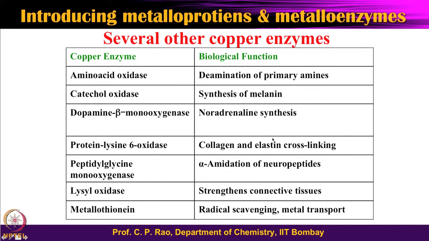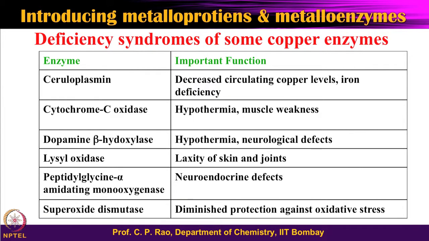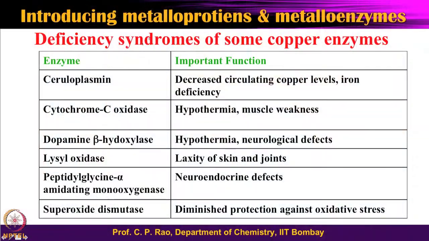It is going to be a very huge story, and we need to try to understand one by one its properties, etc. In the beginning stages I explained metal ion need, deficiency and excess, that is, dosage, deficiency and excess kinds of syndromes. Now, deficiency of copper can lead to decreased circulating copper levels, which will make the iron deficient also, and that leads to the ceruloplasmin function being affected.